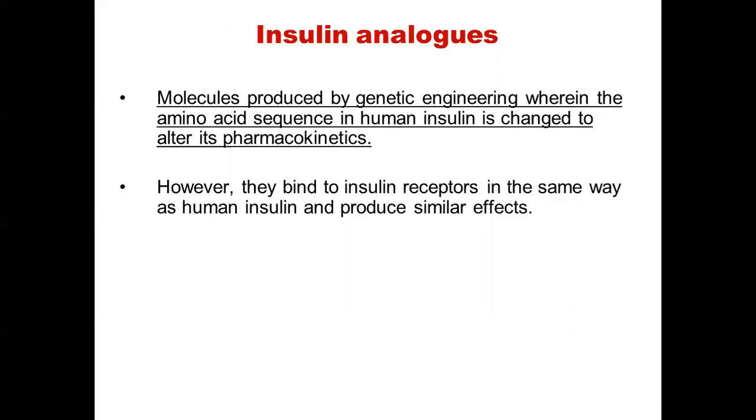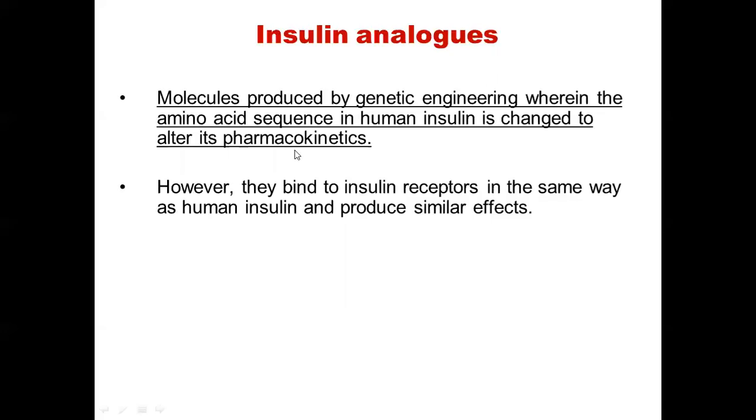Now we come to the next very important aspect. This is often asked in the exams, and it is very important also. The concepts may be slightly confusing to you, but try to understand as much as possible. So, insulin analogs. First, let us see what those are. These are molecules produced by genetic engineering, wherein the amino acid sequence in the human insulin is changed to alter its pharmacokinetics.